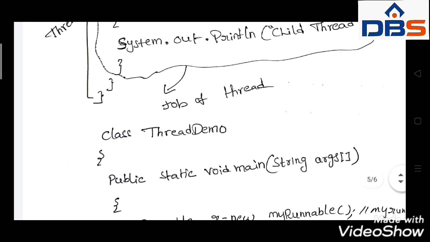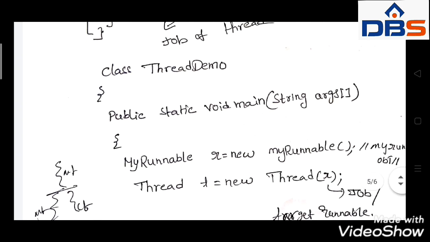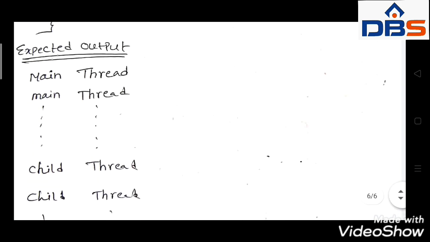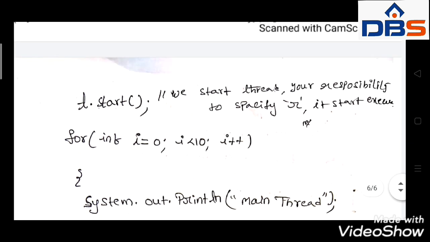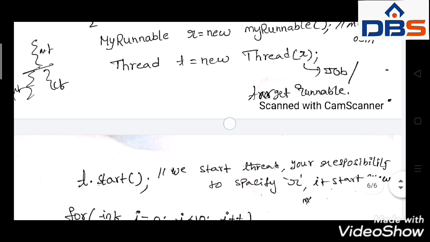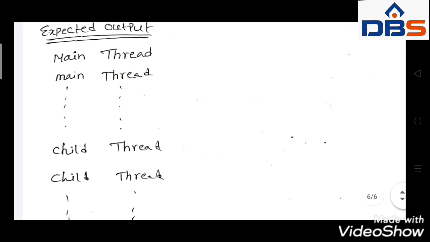So do you understand the difference between extending the Thread class and using the Runnable interface? In the runnable approach, we create a MyRunnable object and then a thread object. So what is the expected output according to this program?